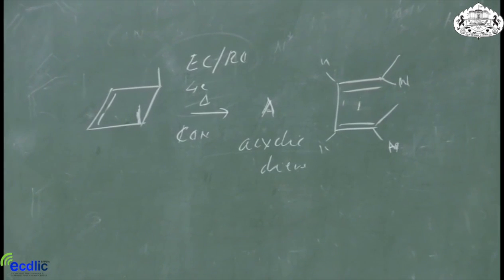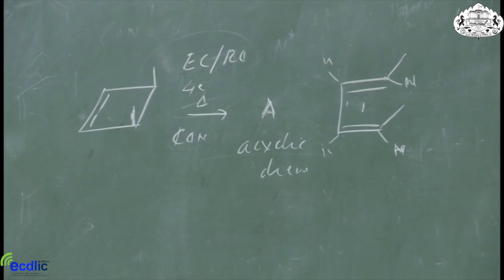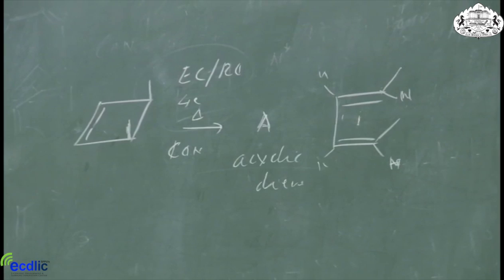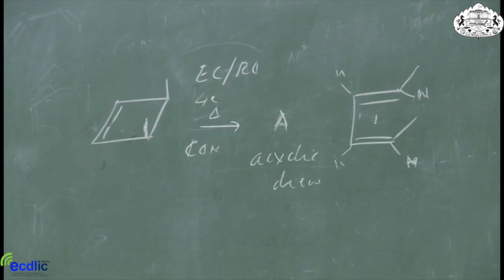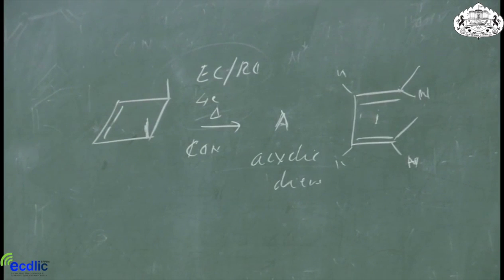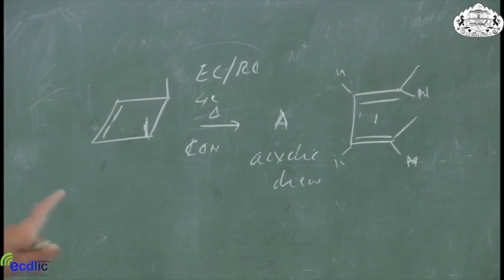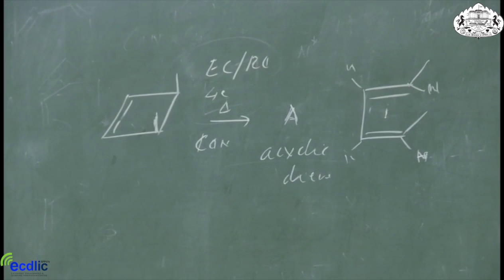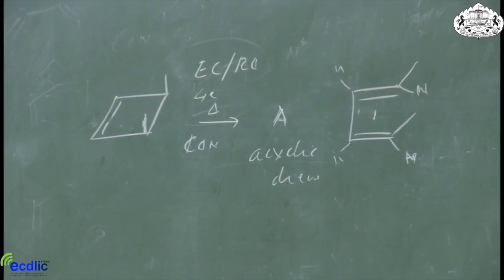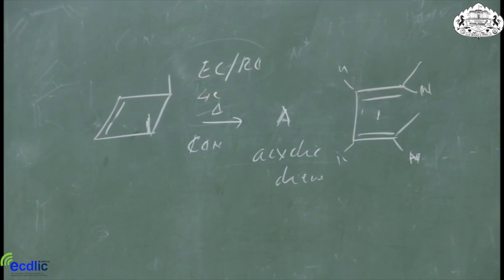What is the next thing we have to understand? In a thermal reaction, you always go from less stable to more stable. Why is this less stable? Because the 4-membered ring, though it has more sigma bonds, has a lot of angle strain. Therefore, the 4-membered ring goes to open chain.